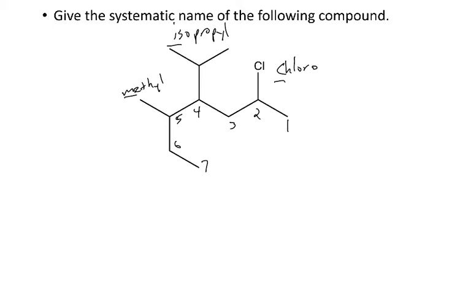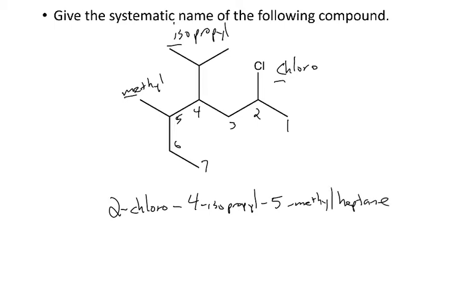So our compound is going to be 2-chloro, 4-isopropyl, 5-methyl, and this is another heptane.